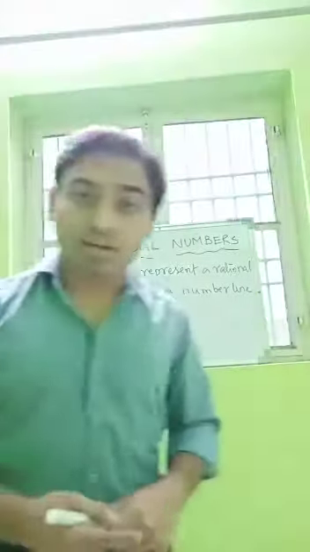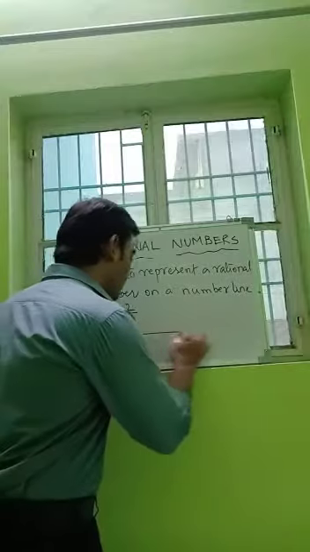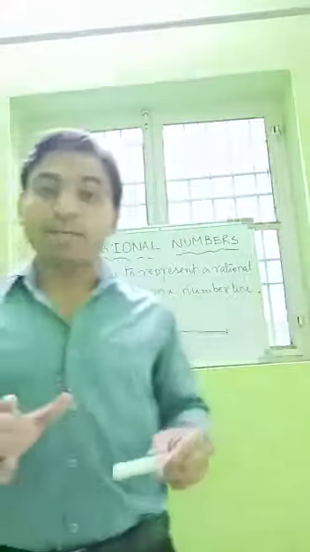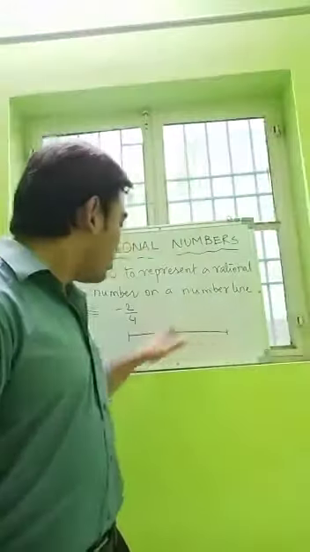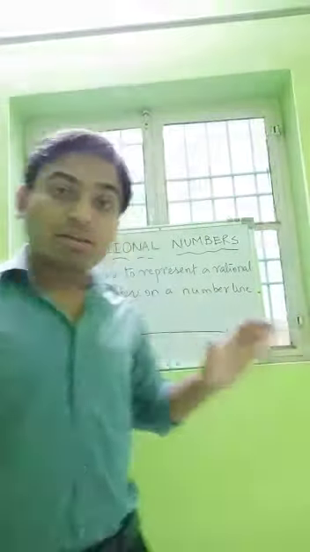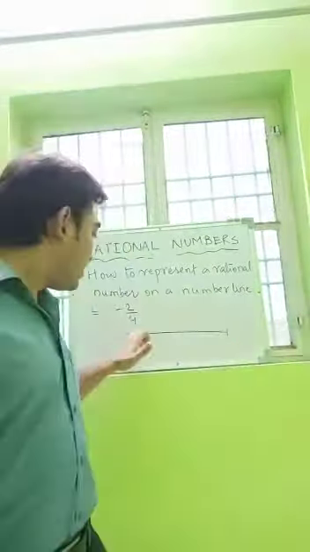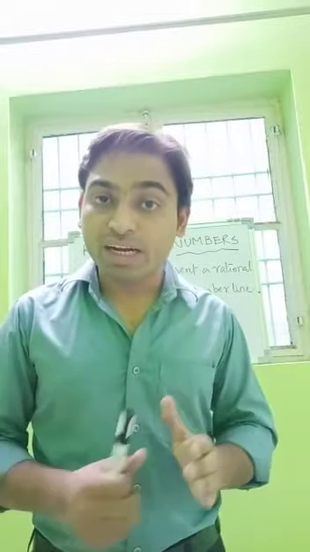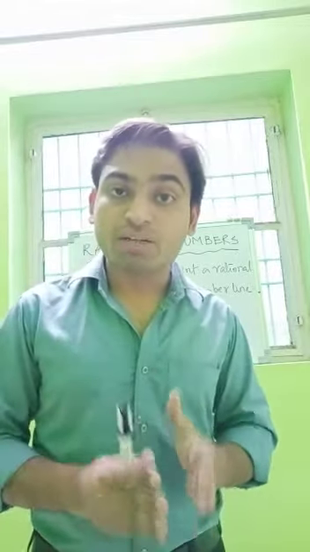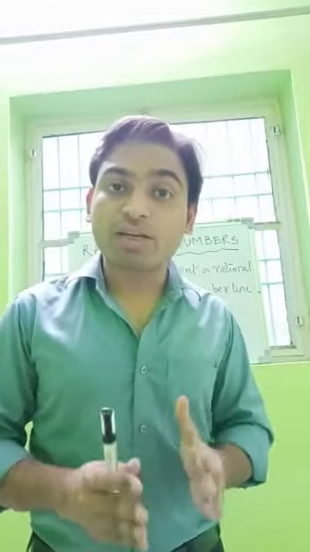So first of all, draw a number line. Now you have to think about this point, which is 0. Now we cannot take this point as 0 because the given ratio number is negative, and you know very well that all negative numbers lie on the left side of the number line.